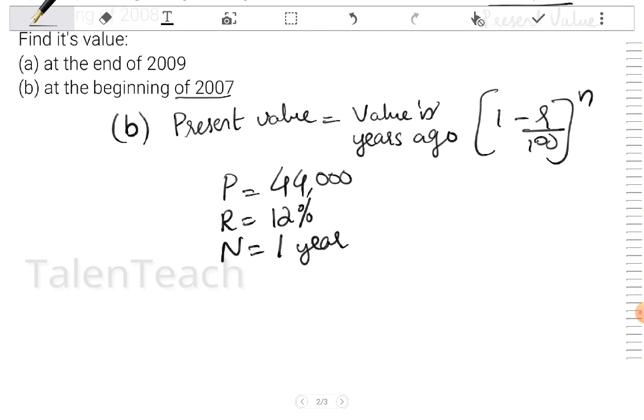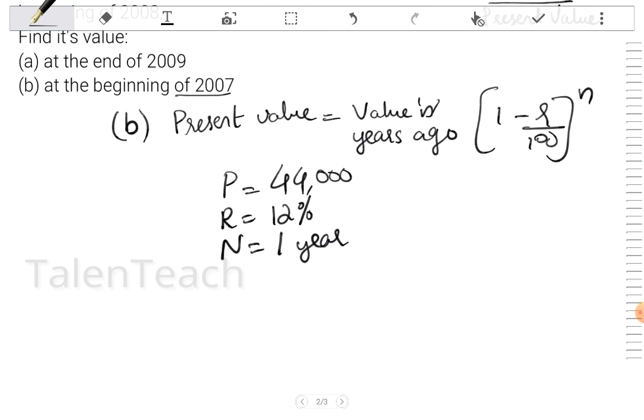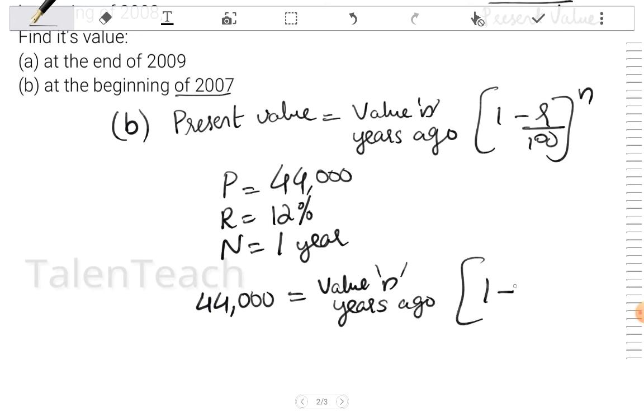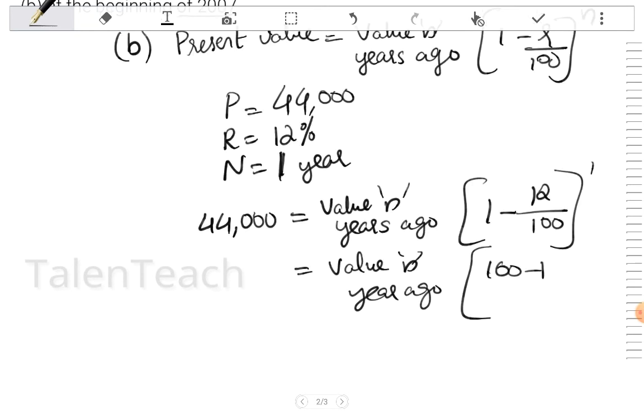Okay, so now let's substitute the values into this equation. So present value is 44,000 equals value n years ago, we don't know, we have to find it. So we can write it like that itself, value n years ago into (1 minus rate of interest 12 by 100) whole raised to number of years, here it is 1, so raised to 1.